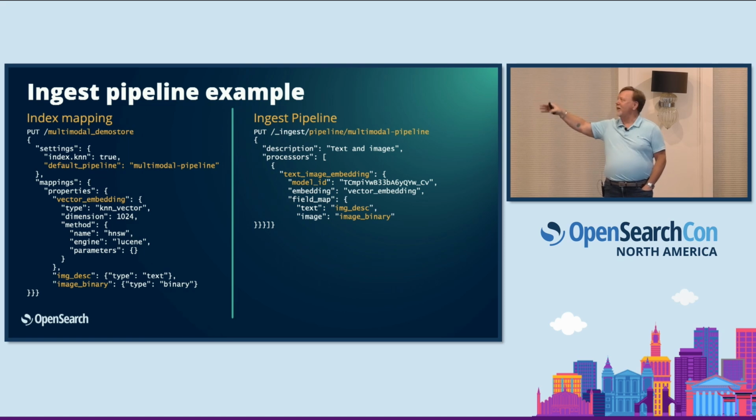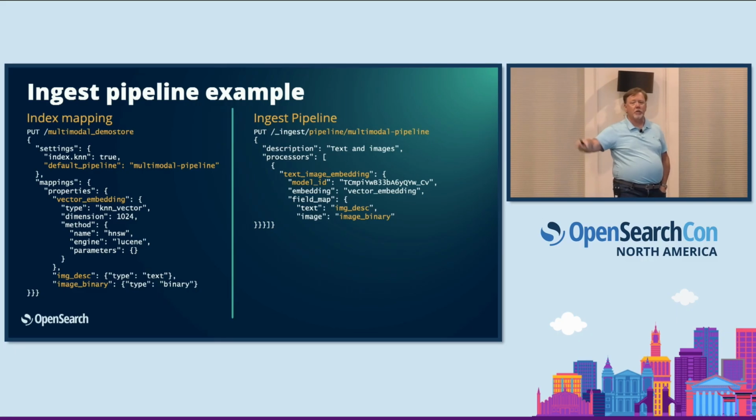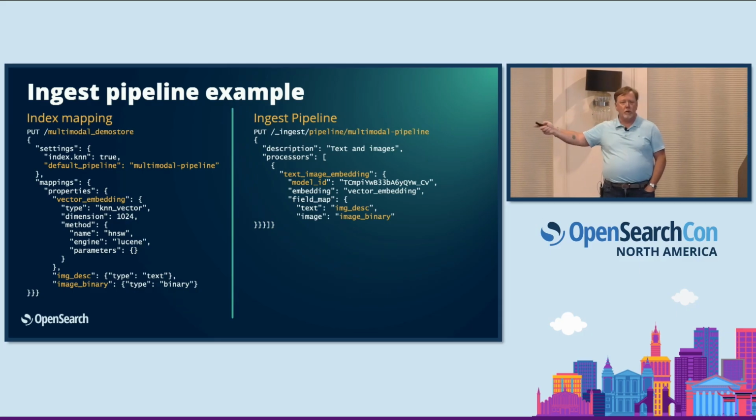I create the pipeline by saying multimodal pipeline. You'll see I have my processors, text image embedding. I include a model ID. Model ID is the way OpenSearch refers to these external models. And then I have my field mapping that says I want the vector to go from the image description, and the image should go in the image binary.